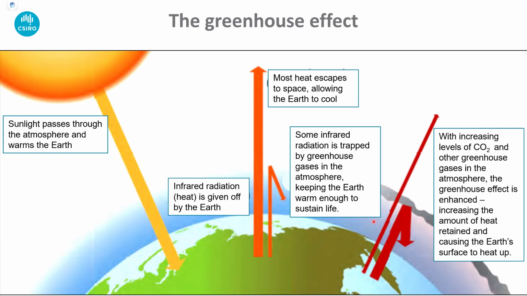And that's leading to a ramping up of this greenhouse effect, so that the Earth's temperature increases, and the more greenhouse gases we have in the atmosphere, the greater that effect will be.